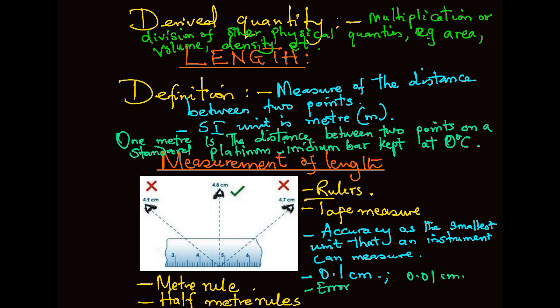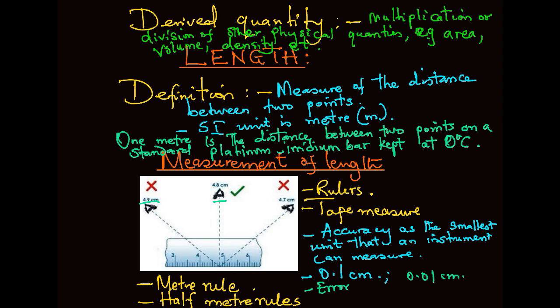So, as illustrated in the diagram, the eye should be placed at 90 degrees or perpendicular to the scale, so that if the eye is placed to the left of the 90-degree calibration, then we end up with a reading of 4.9 centimeters instead of 4.8.